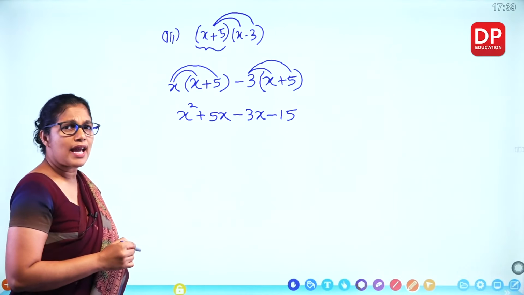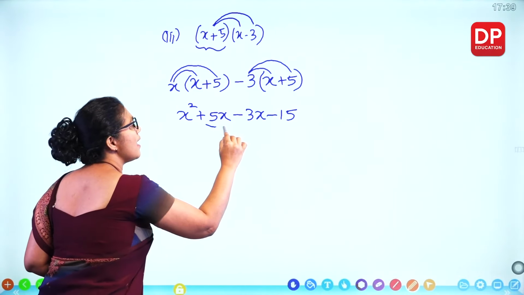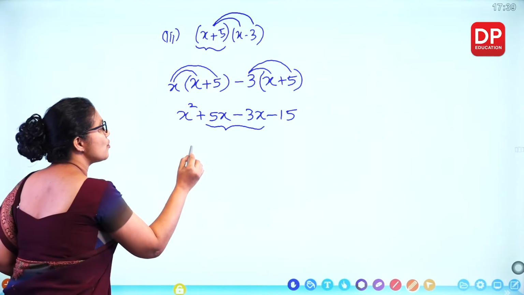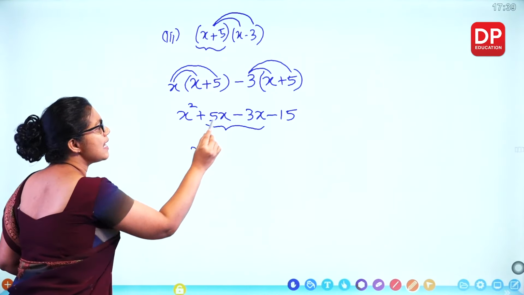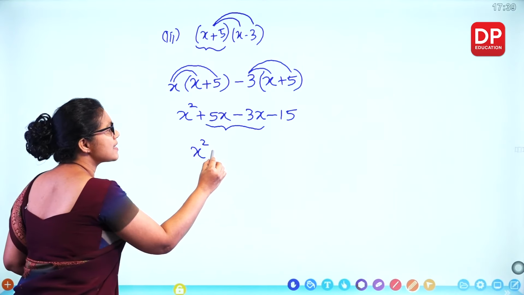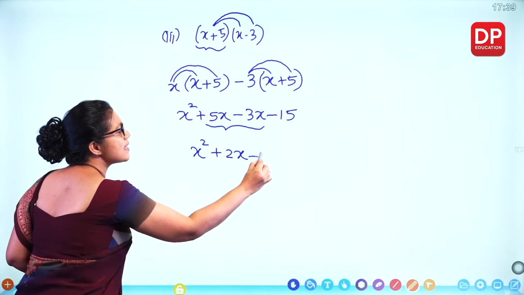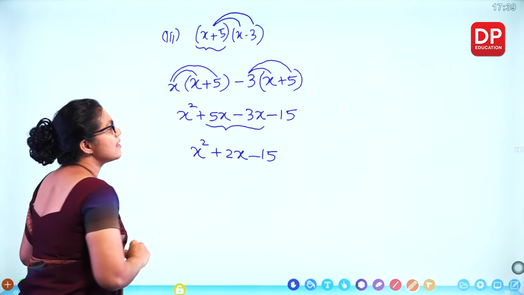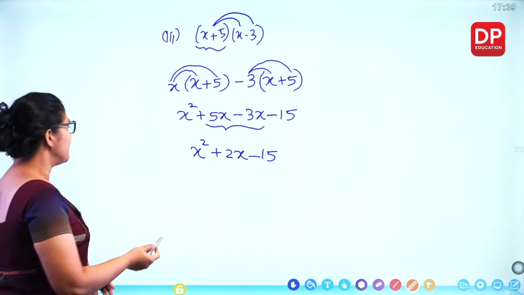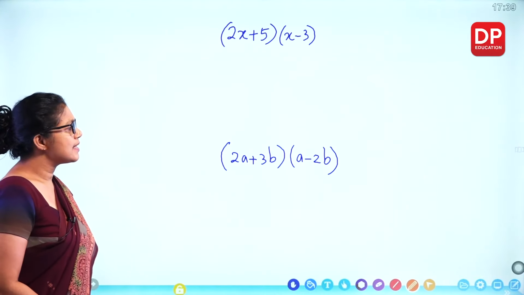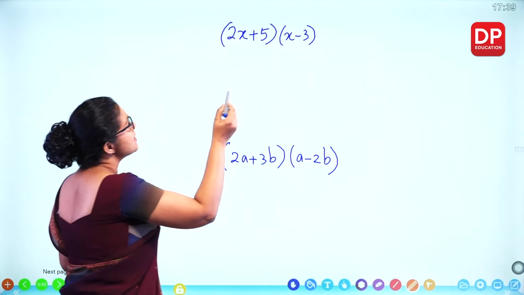Now see whether you can simplify. I can see these are like terms, I can simplify. So you can write x squared as it is. 5x minus 3x becomes 2x, minus 15. So you can't simplify further. So we'll see some more examples using the same method.